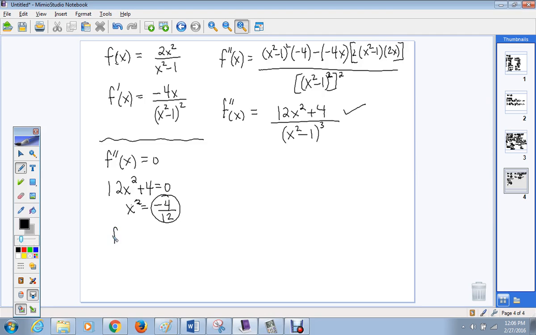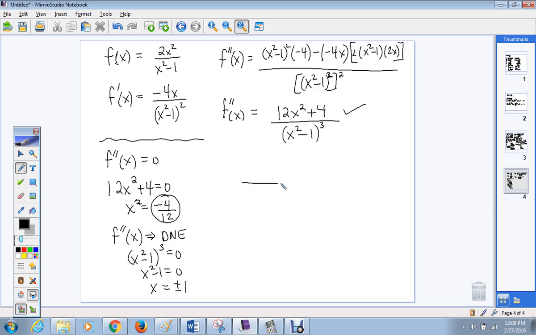So second, we have to determine if there are any values of x where the second derivative does not exist. So we would set the denominator equal to 0. We would take the cube root of both sides. We'd get x squared minus 1 equals 0. And if we solved for x here, we would get positive and negative 1.